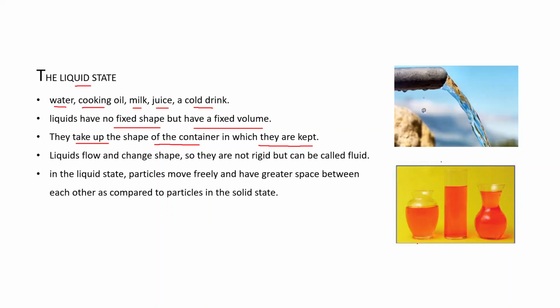The volume in all these three containers is the same, but this shape is different, this shape is different and this shape is different. Clear? Again, liquids flow and change shape, so they are not rigid but can be called fluid. Fluid means property to flow.